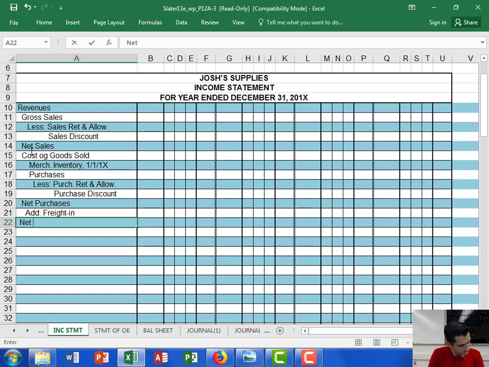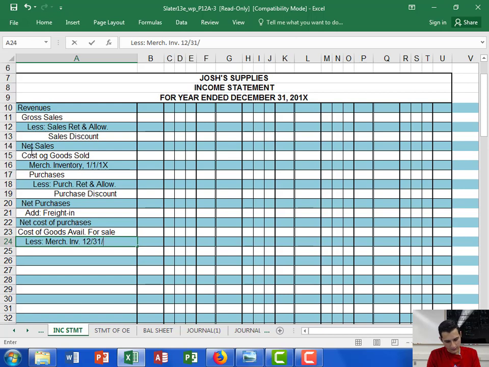To then get net cost of purchases. And then you're going to total it out to cost of goods available for sale. Minus merchandise inventory for your ending inventory.